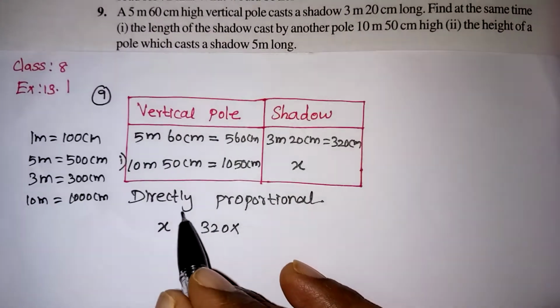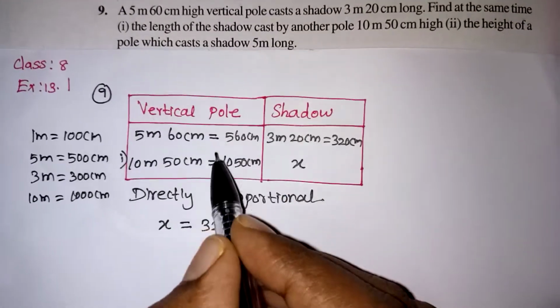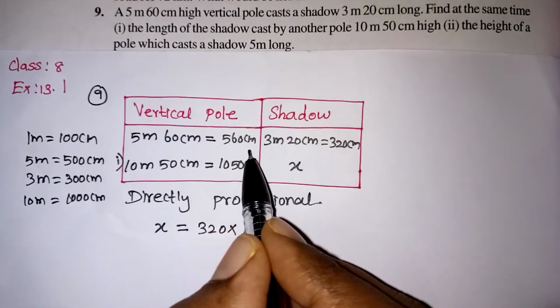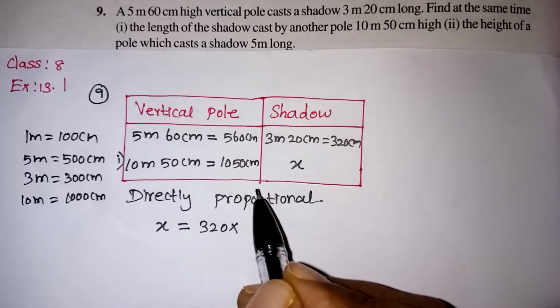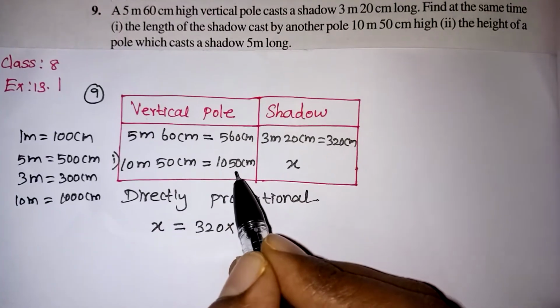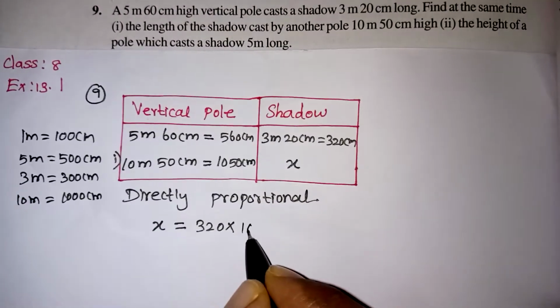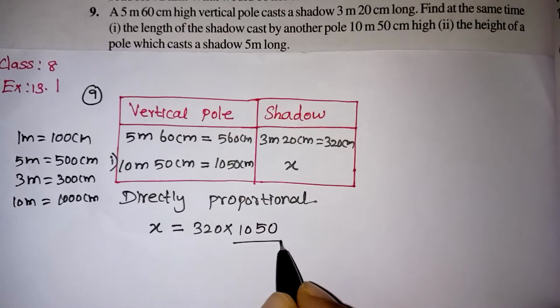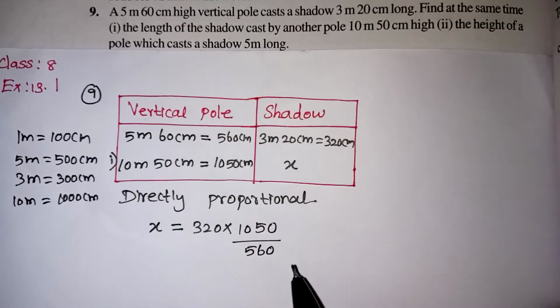Now since it is a directly proportional value, the fraction should be taken reciprocally, that is 560 by 1050 becomes 1050 in the numerator and 560 in the denominator.